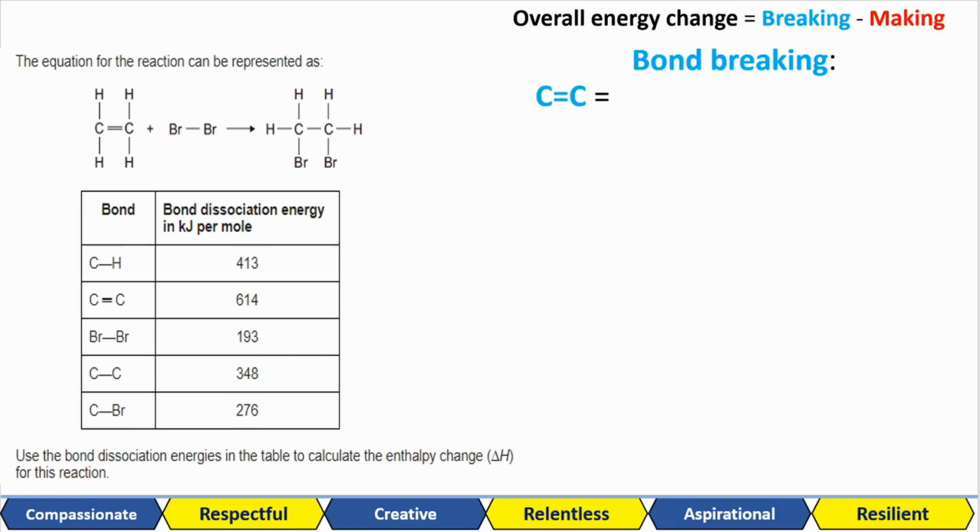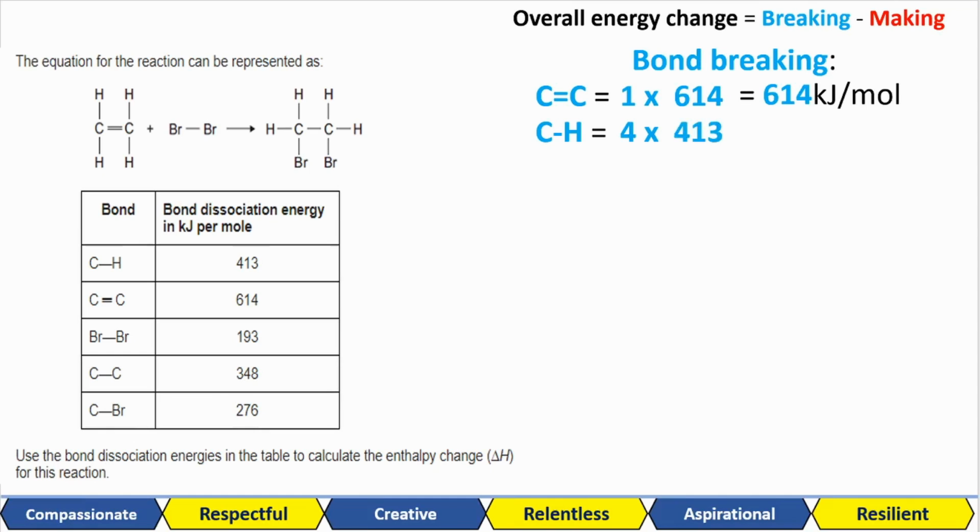We have carbon-carbon double bonds here, and there's just one of it. So each carbon-carbon double bond gives us bond energy of 614. 1 times 614 gives us 614 kilojoules per mole. We also have carbon-hydrogen bonds here, and we have 4 of them. And each one is 413.